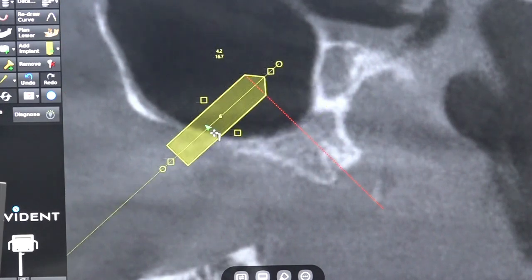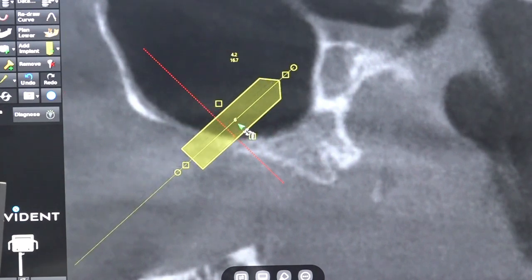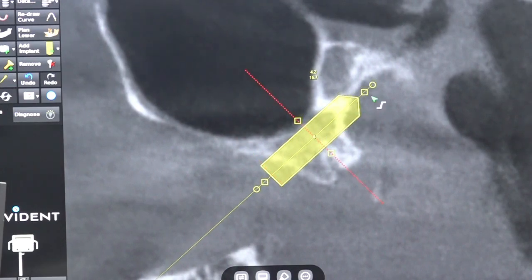So this is the left side maxilla, distal maxilla. Sinus expansion distally. This is a crest. Very little space between the distal wall of the sinus and the distal part of the tuberosity, which is a challenging situation. The less space here, the more challenging for the operator.